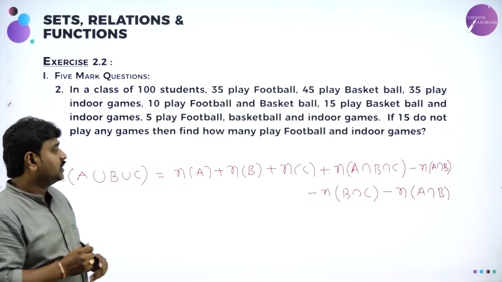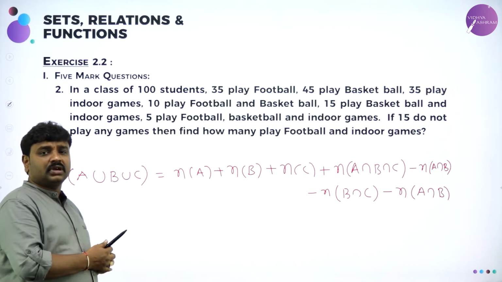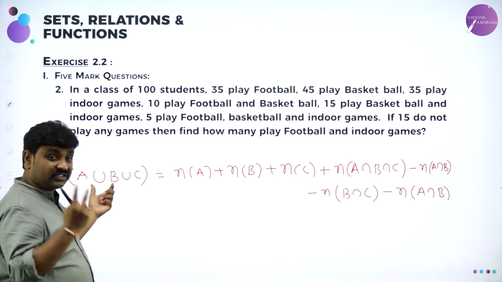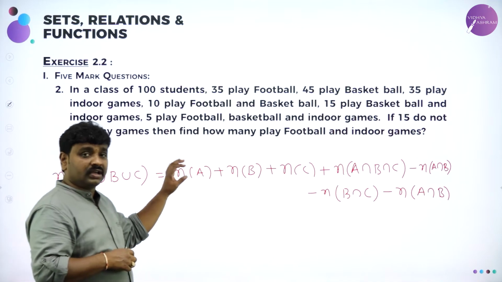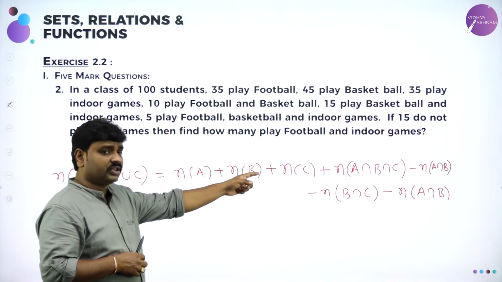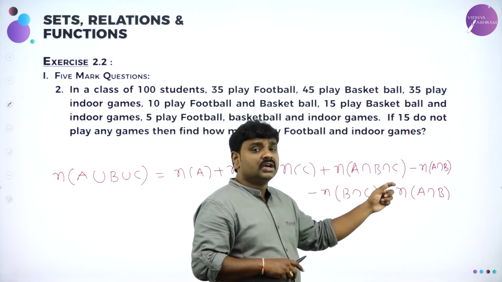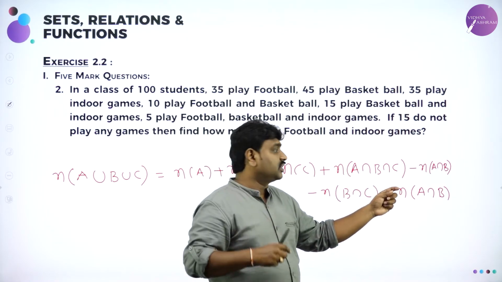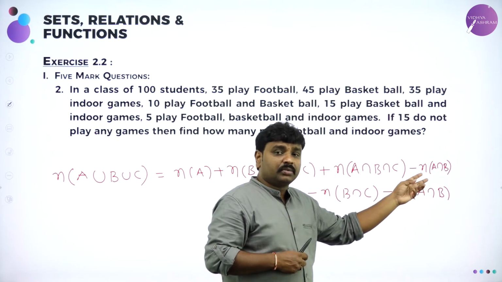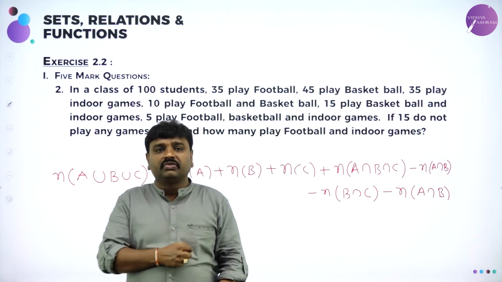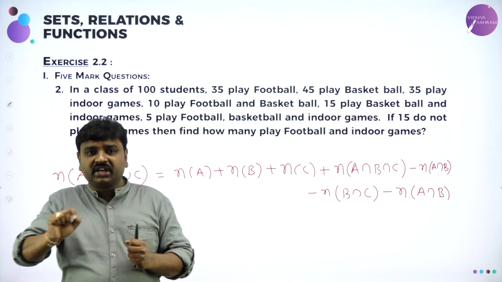Can you remember this formula? n of A union B union C, the union of three sets, is the sum of n of A plus n of B plus n of C. Then add the common, n of A intersection B intersection C, all three common. Then remove the common to two elements: remove A intersection B, remove B intersection C, remove A intersection C. Observe the formula. Keep it in mind, write and practice.